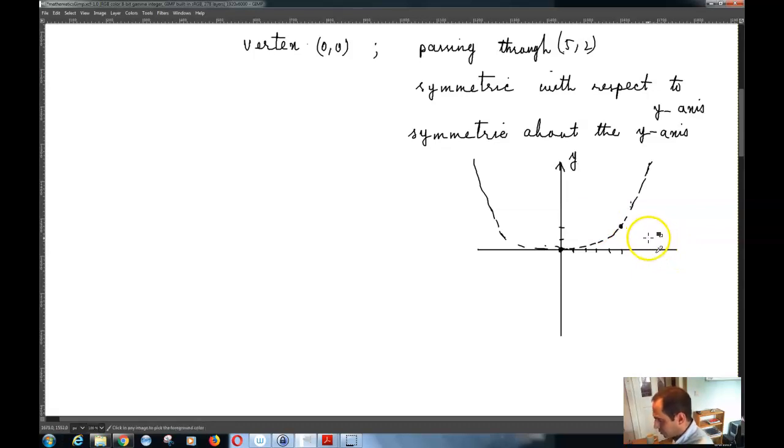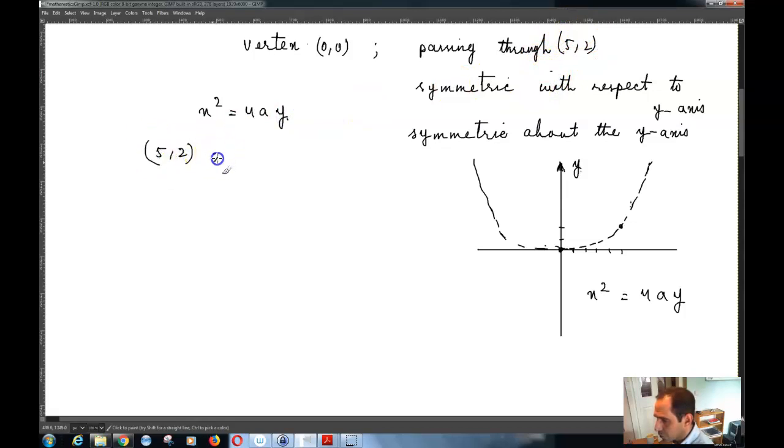So now your parabola is like this, and so basically you have x squared is equal to 4ay, and since the parabola goes through this point 5, 2, I can write 5 squared is equal to 4a times 2. 25 is equal to 8a, and a is equal to 25/8.